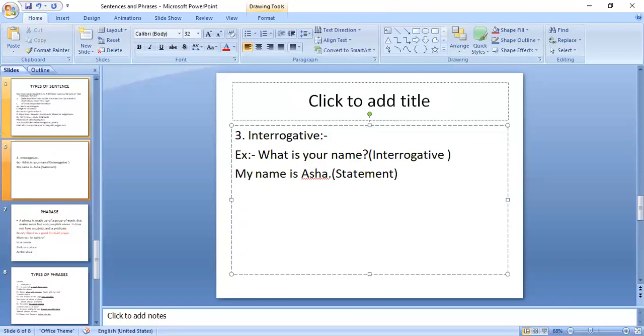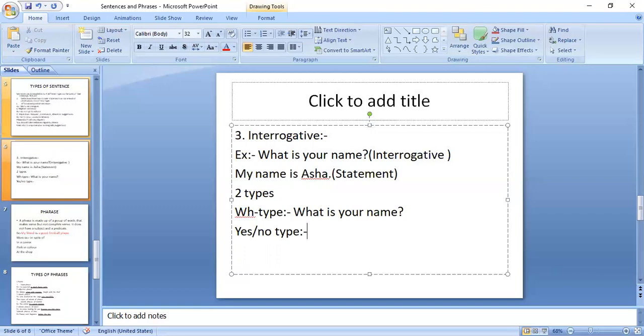Then this interrogative sentence is of two types. What are they? That is WH type and another one is yes or no type. WH type question example I have given here. What is your name? This is an example of a WH type question.